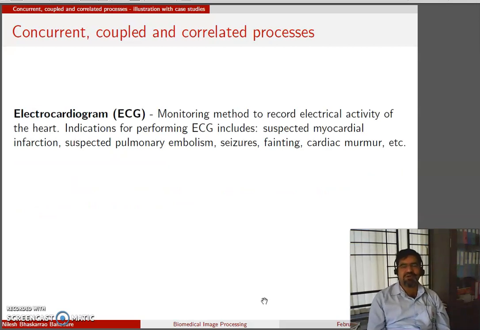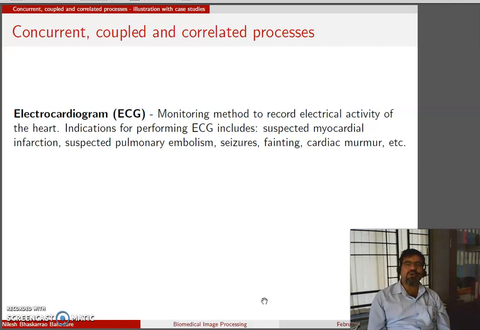Then the electrocardiogram, most popularly referred to as ECG, is a monitoring method to record electrical activity of the heart. This is normally used for measuring the activities from the heart.